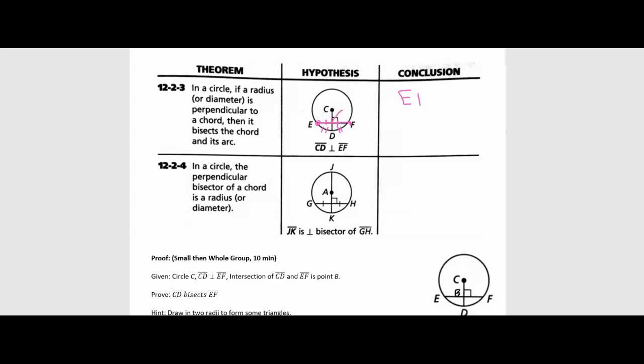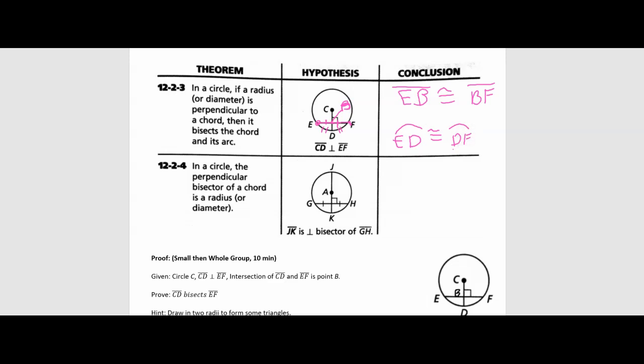Let's label that as B. So I could say segment EB is congruent to segment BF. And I could say that arc AD is congruent to arc DF.